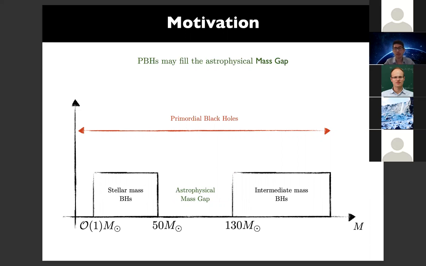And basically, after this collapse, there are some losses of mass due to the burning of carbon, which may lead to ejection of matter. And therefore, the resulting black hole is expected to be lighter. But of course, this kind of phenomenon does not affect primordial black holes, whose masses can span a much bigger range. So this was a sort of motivation for my talk.